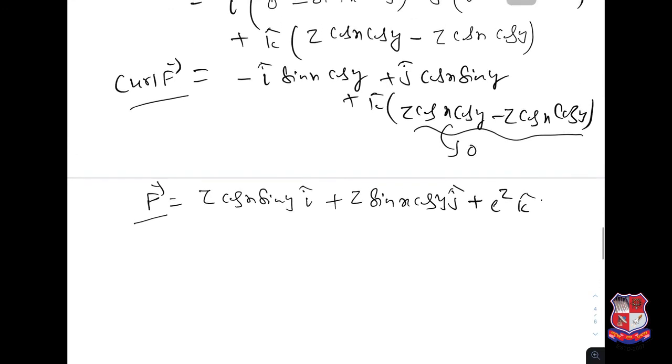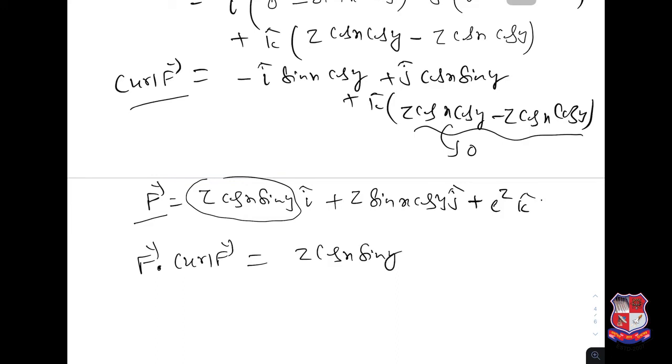So f dot curl f, we know how to take the dot product. So z cosine x sin y multiplied with this sin x cosine y with negative sign, so minus sin x cosine y, the i component.